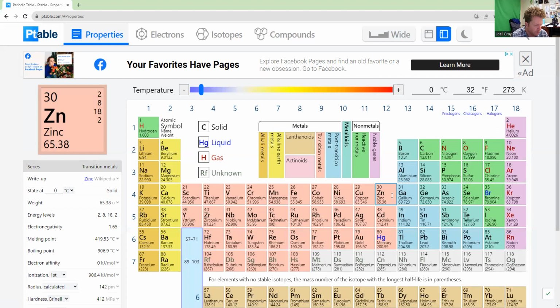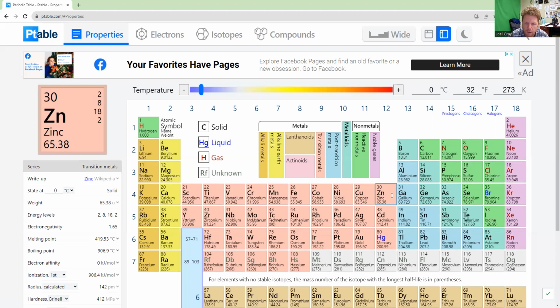So 200 divided by 1,000 equals 0.2 meters. Now we've got an equation, E equals h nu, Planck's constant times frequency. Then we've got another equation that is c is equal to lambda times frequency. So when we take c over lambda, this is our lambda, 0.2. That's equal to our frequency.